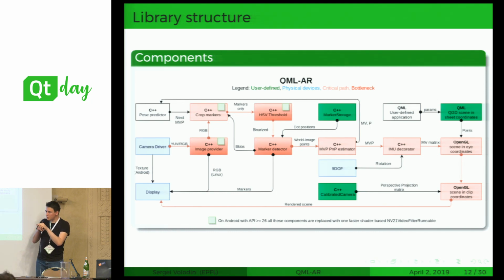Also, we need to compute the pose using OpenCV, and here we have another component. Another necessary thing is to use tracking from the IMU to update the pose to decrease latency, and therefore we have another component. So there are quite a lot of components.